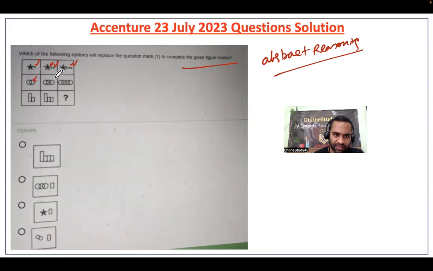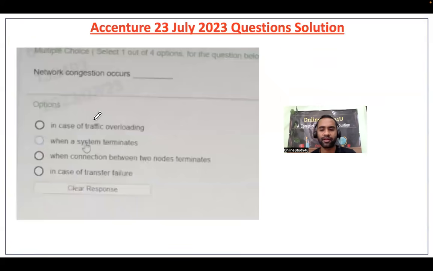So it is repeated once, then it is repeated twice. Basically 3, and this one bigger one. So anyway, there is only one image, so this was very, very simple. So you could have marked option 1.